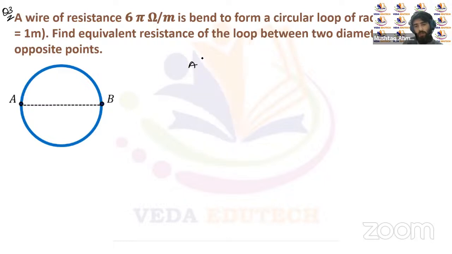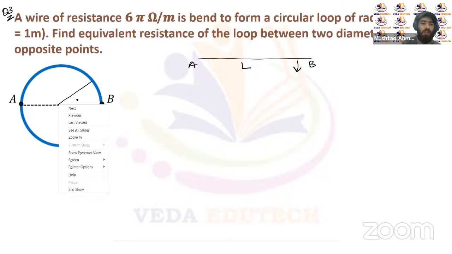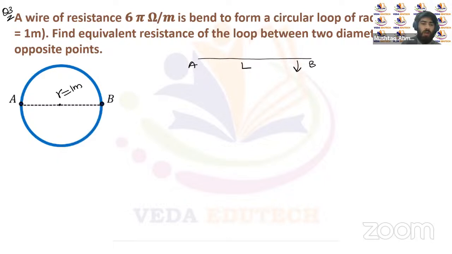Let's suppose the length of this wire is L, right? And the radius of this wire is given as 1 meter, right? It is meant to form a circular loop, and thus the radius of this circular loop is given as R equal to 1 meter, right? R is the radius of this circular loop.